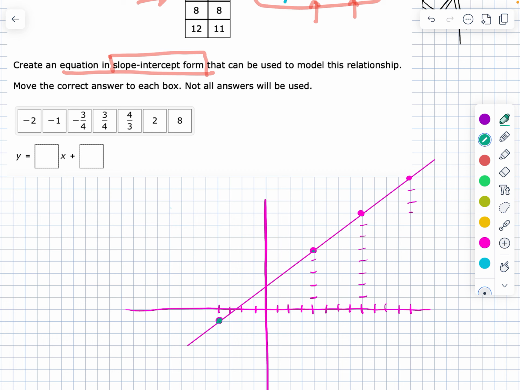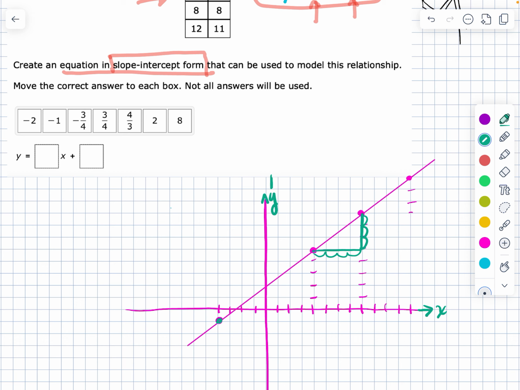So the slope is the rise over the run. Rise meaning the y, because the y is vertical and the x is horizontal. So this is the run. The rise is this, that's going to be 1, 2, 3, over the run, which is 1, 2, 3, 4.